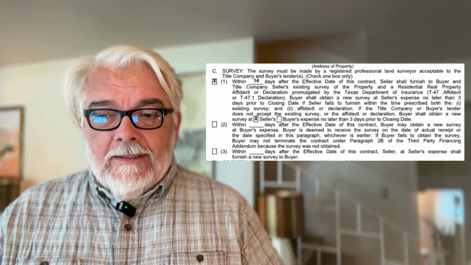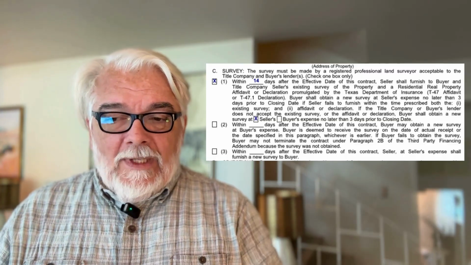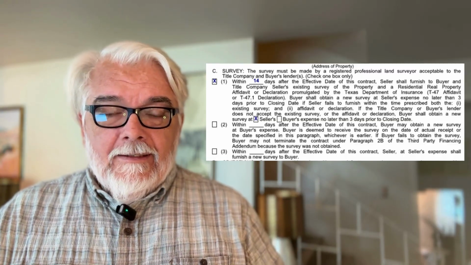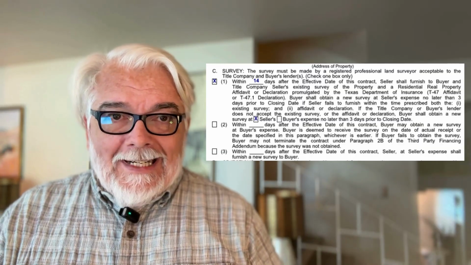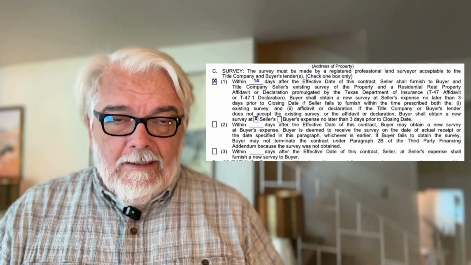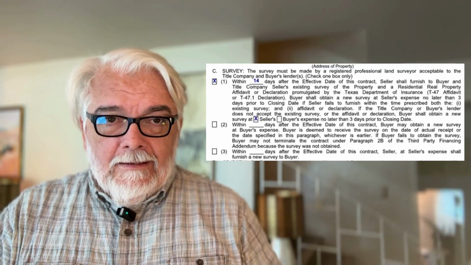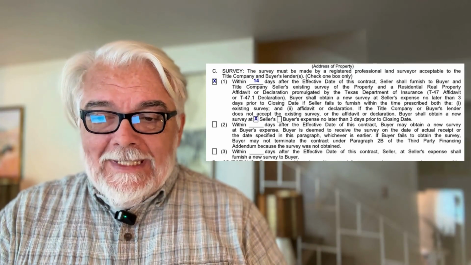So this paragraph 6C1 gives the seller a period of days that they can provide to the title company the existing survey along with a T47.